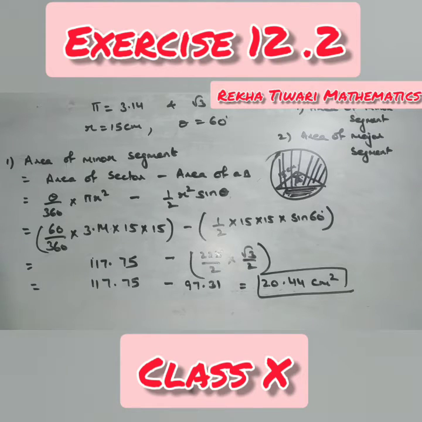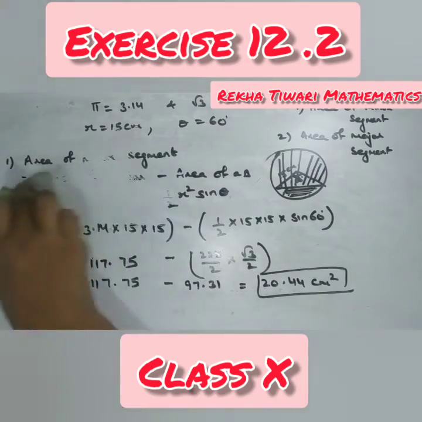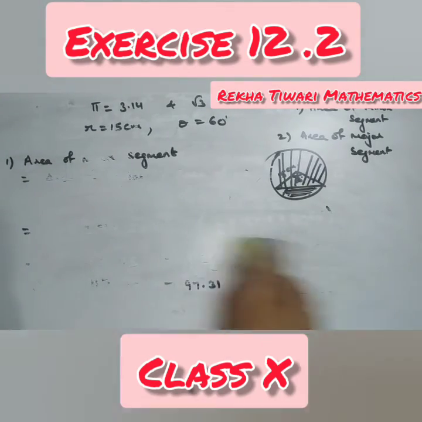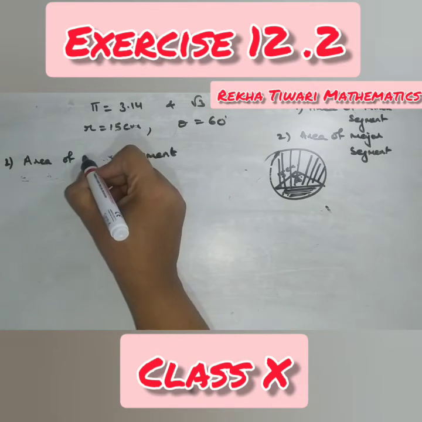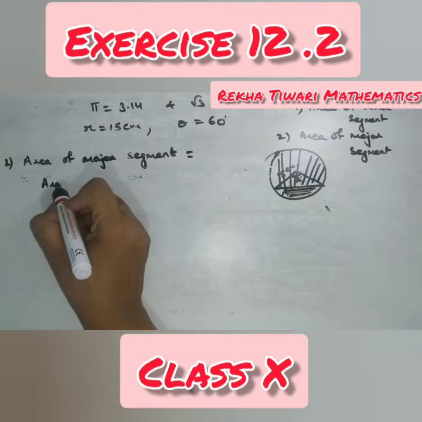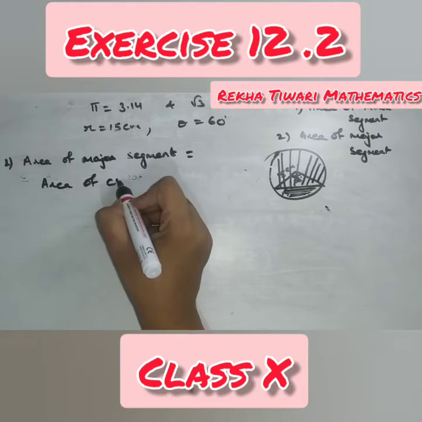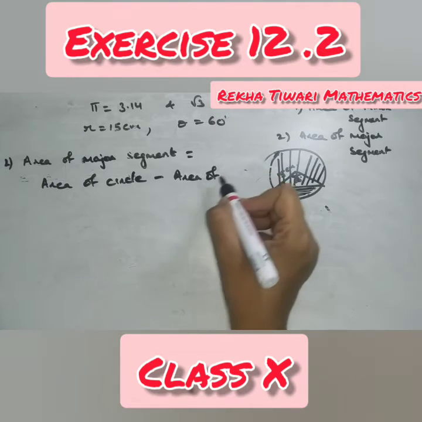Okay, so area of major segment is equal to area of circle minus area of minor segment.